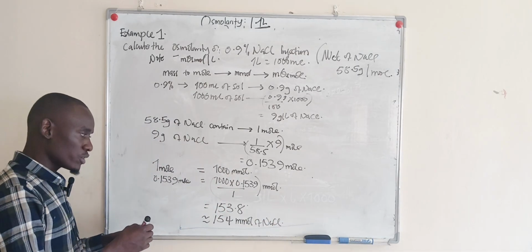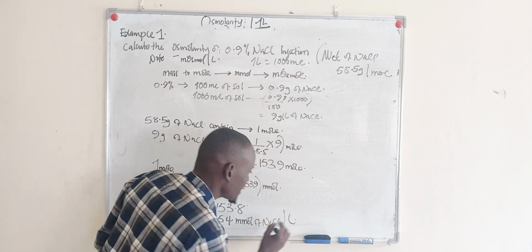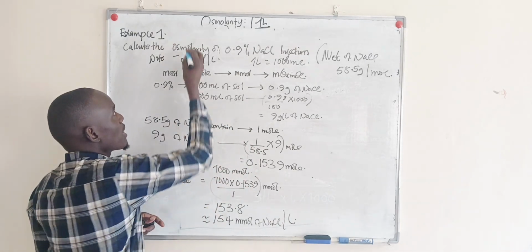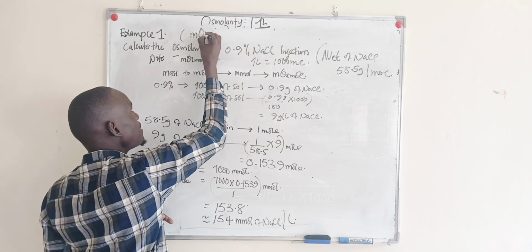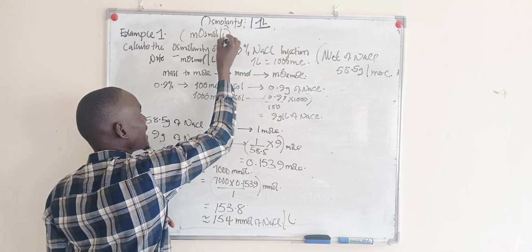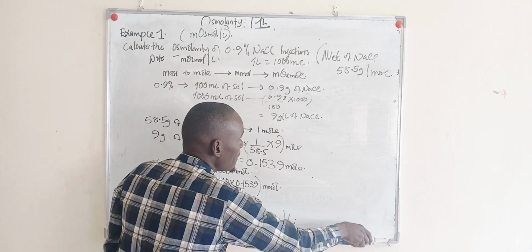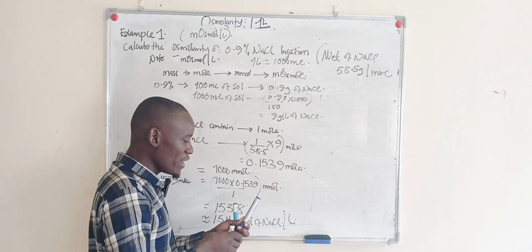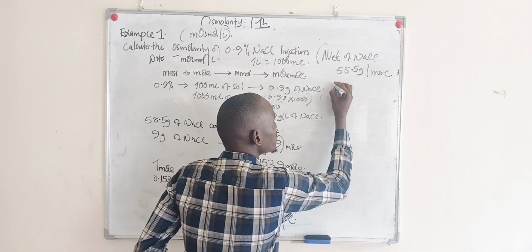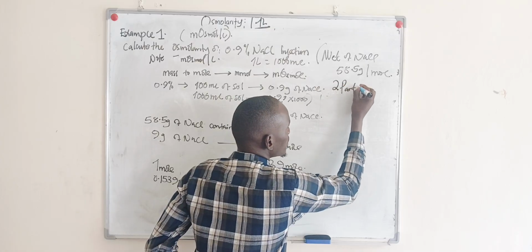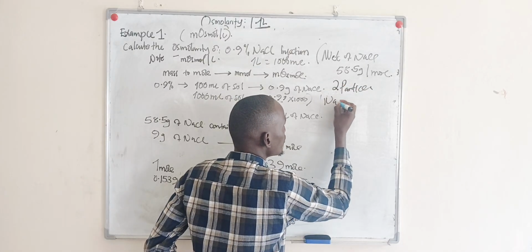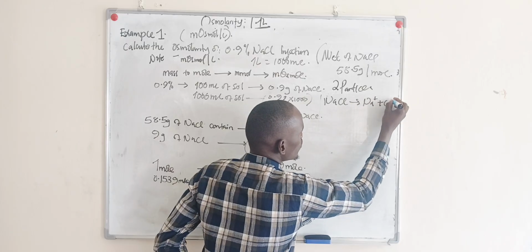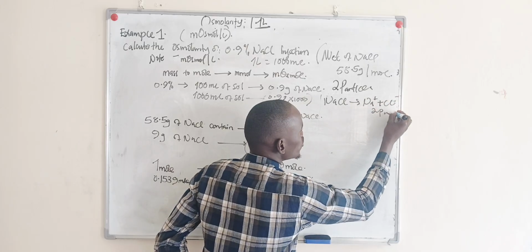And this is in a liter. But remember, our question is to calculate osmolarity, and whenever we say osmolarity, we mean mOsmol per liter. Remember that for those substances that ionize, sodium chloride dissociates in solution to produce sodium ion plus chloride ion, and these are two particles.